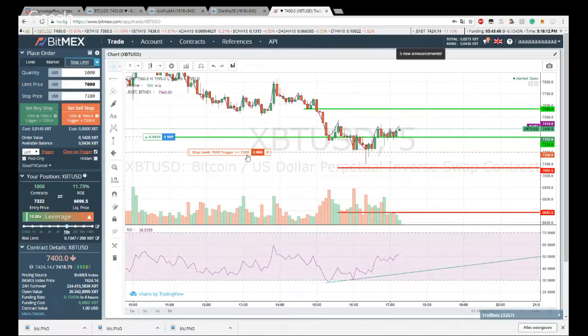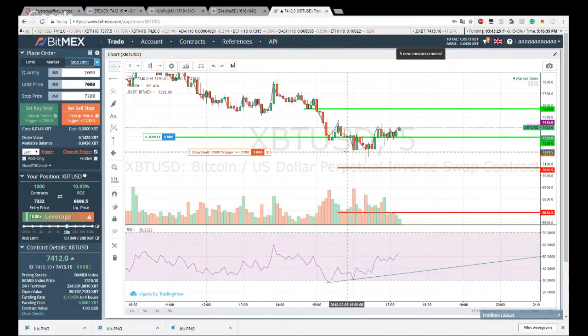Usually, if you have your stop price set at 7,200, it will execute at 7,200, and maybe you will get 71.97. There are some cases, let's say somebody dumps, I don't know, 20 million onto BitMEX.